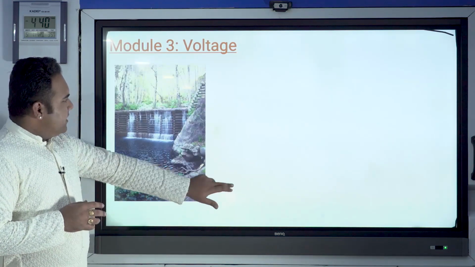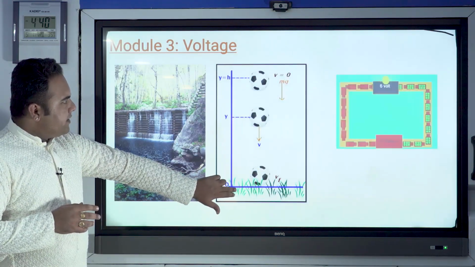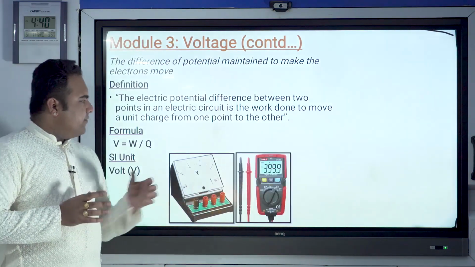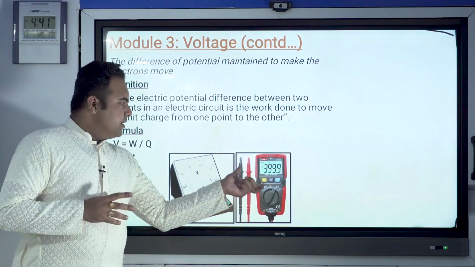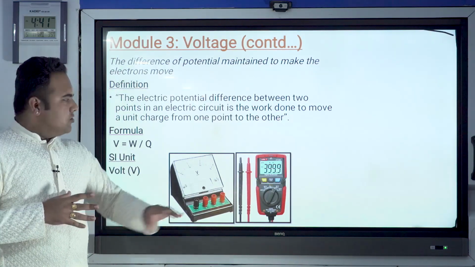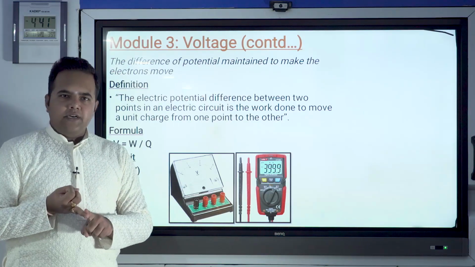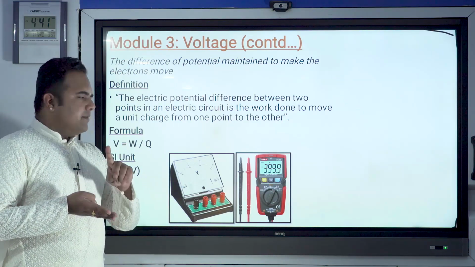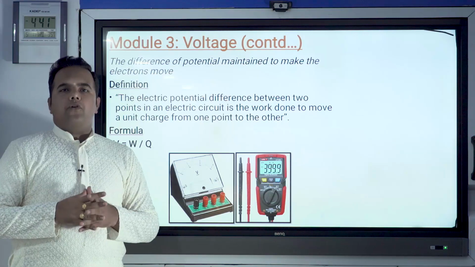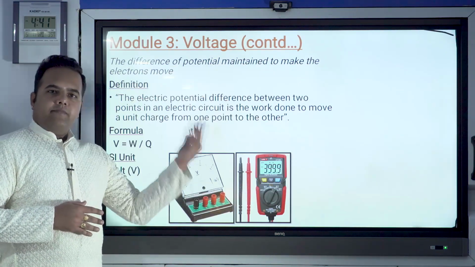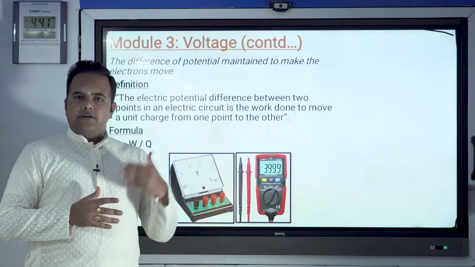If you want to make a precise measurement, we have this particular instrument called a multimeter. So a multimeter measures current, voltage, resistance, temperature in the circuit and many more. By turning the knob to what we want to measure, we can measure the current as well as the voltage.